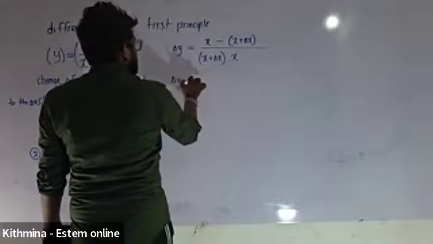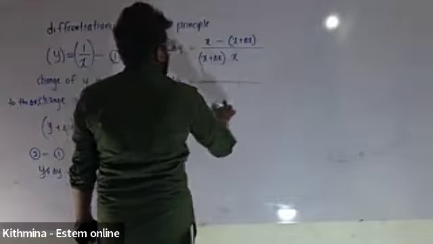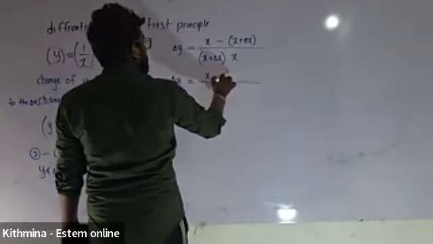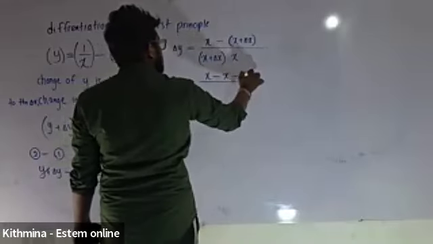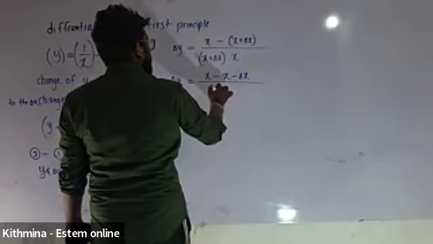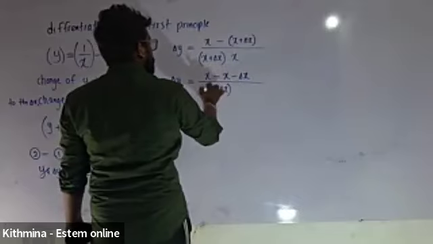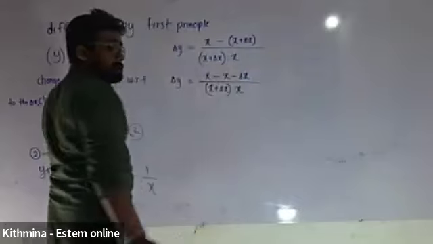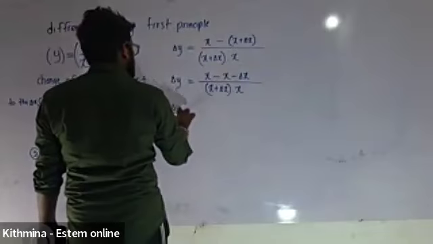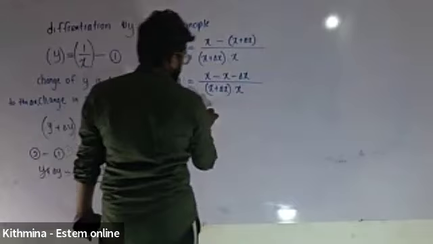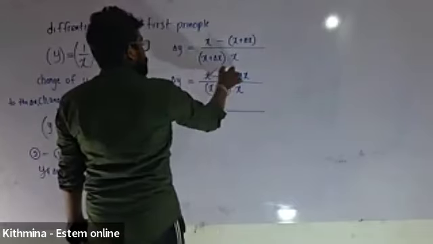Then delta y equals x minus x minus delta x, over x plus delta x multiplied by x. Now in delta y, x will be cancelled out.